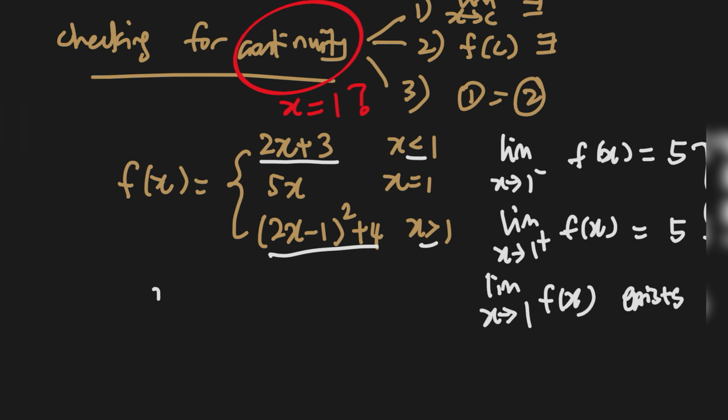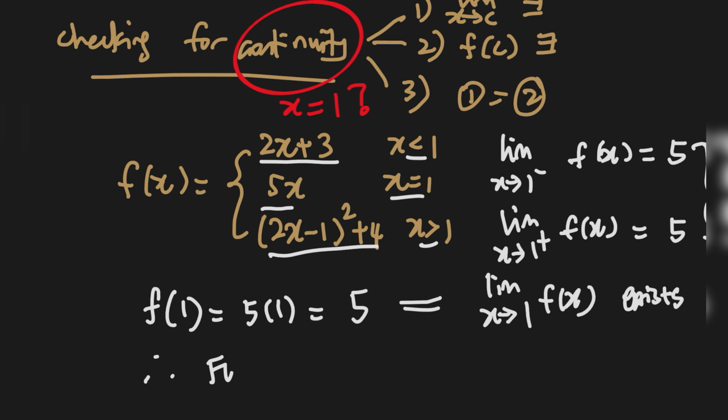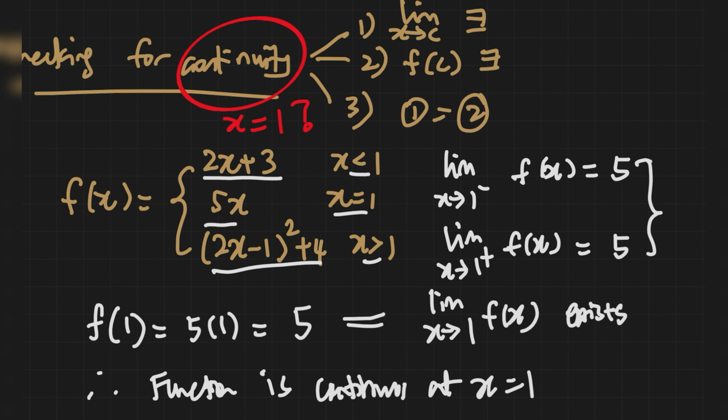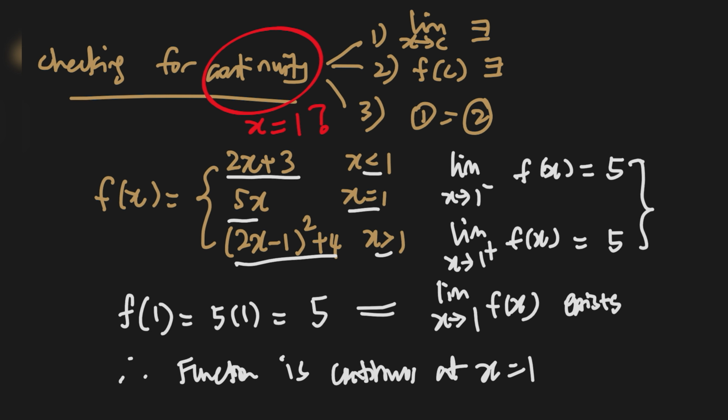Okay, well now what about the function at that point 1? Then I will look at this one here because x is equal to 1, right? So what I get, I have 5. And this is actually equal to this here. And therefore, because it fulfills all the 3 criteria above, this function f(x) is continuous at x equals 1. And there you go, different examples on this important topic named limit.